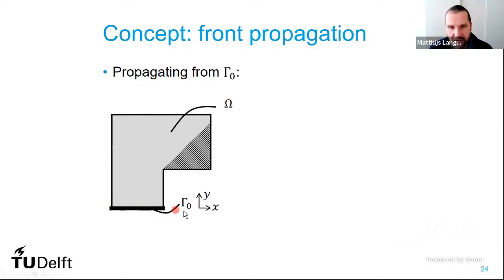We consider a domain, for instance, like this one here, and at the base plate, we take that as a start of a front propagation process. So you can think of a field that is propagating from here, and you generate a time field that indicates the time it takes for this field to arrive at that particular location.